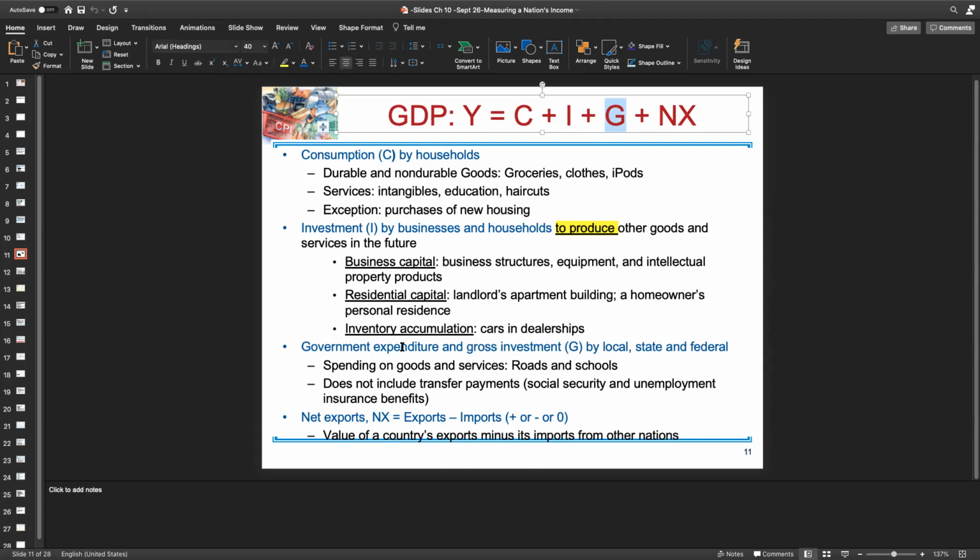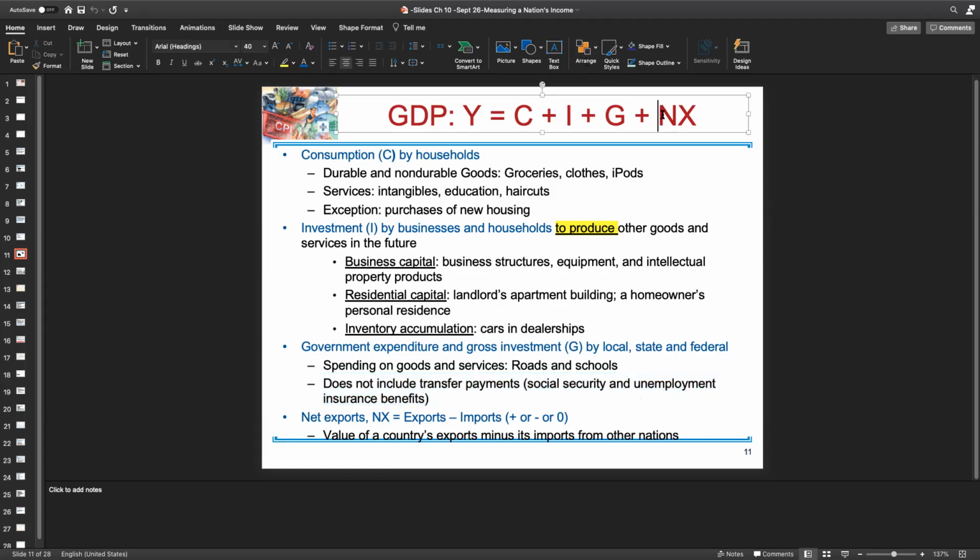But remember that G does not include transfer payments such as Social Security and unemployment insurance benefits, because there is no production in this transaction. It just moves from one party to another, with no production of goods and services. Therefore, these are not included in government expenditure and gross domestic product.